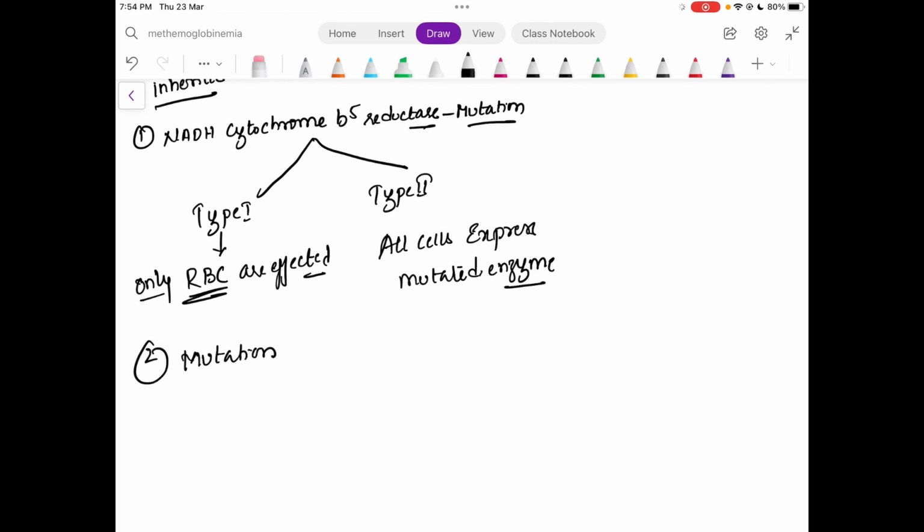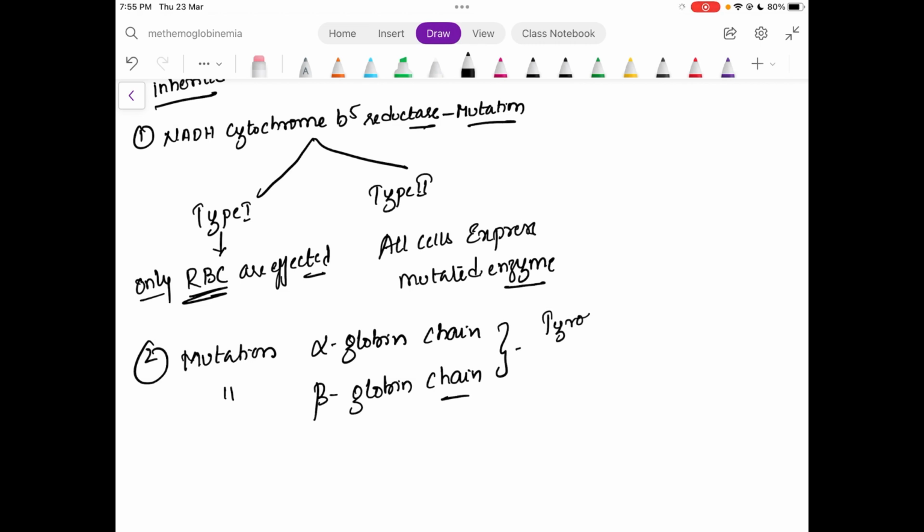One more cause is any mutation in the alpha globin chain or beta globin chain. That means in this, tyrosine will replace histidine so that they will form an abnormal hemoglobin, HbM, methemoglobin, and this mutated hemoglobin cannot bind with oxygen.